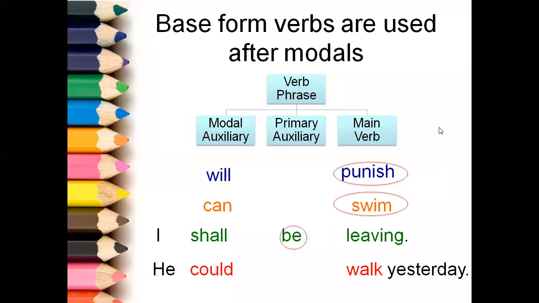Then he could walk yesterday: could is a modal auxiliary, and the main verb is walk. So what you can see is the modal auxiliary will always come before the main verb.